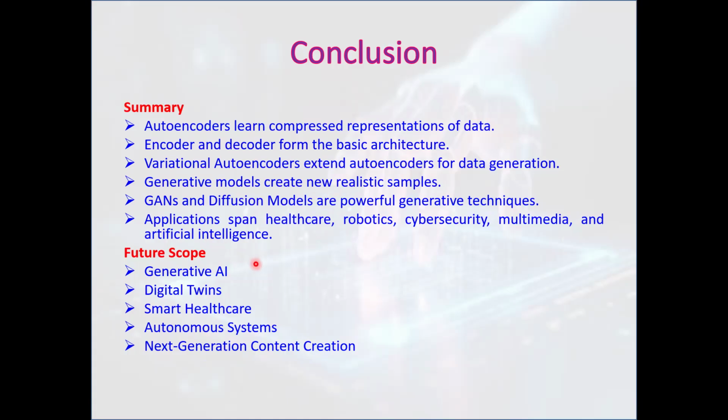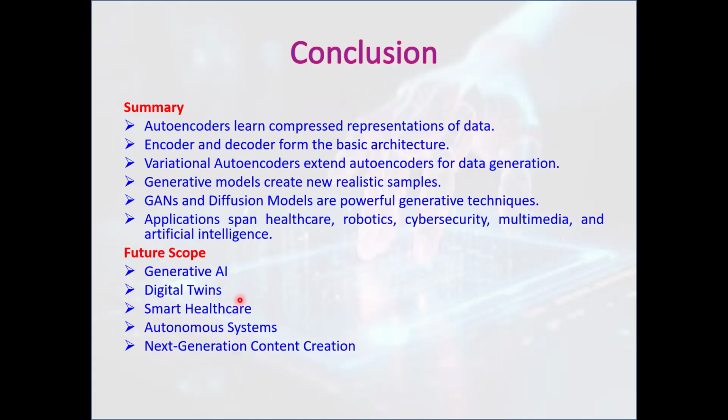Next, the future scope of GANs and autoencoders in generative AI. Future developments in generative AI will enable more advanced content creation, automation, and human computer interaction. Digital twins: digital twin systems will use generative technology to simulate and optimize real world processes and environments. Next, smart healthcare.